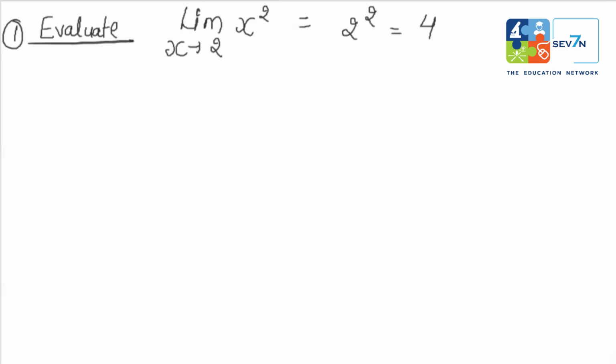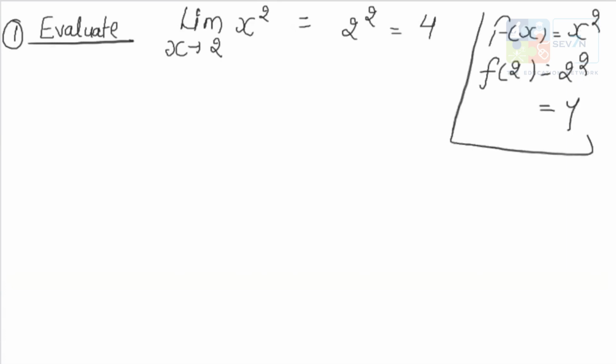Now you can tell me, ma'am, if we are putting 2 in this function instead of x, that is the same. So why is there a need to apply limit? Actually, suppose f(x) is given as x square, and if you are putting 2 here, that will be 2 square and your answer will be 4. So if the answer is the same in both cases, then why do we need limits?